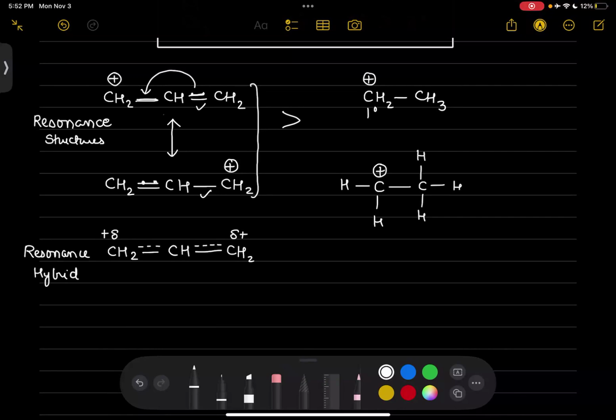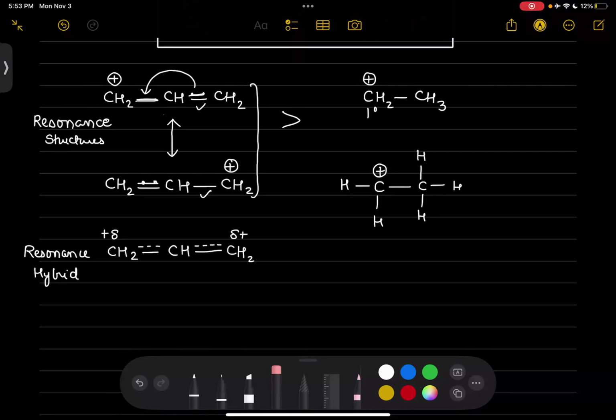I don't think so. Why? Because there are only single bonds. Exactly. So it cannot undergo resonance.